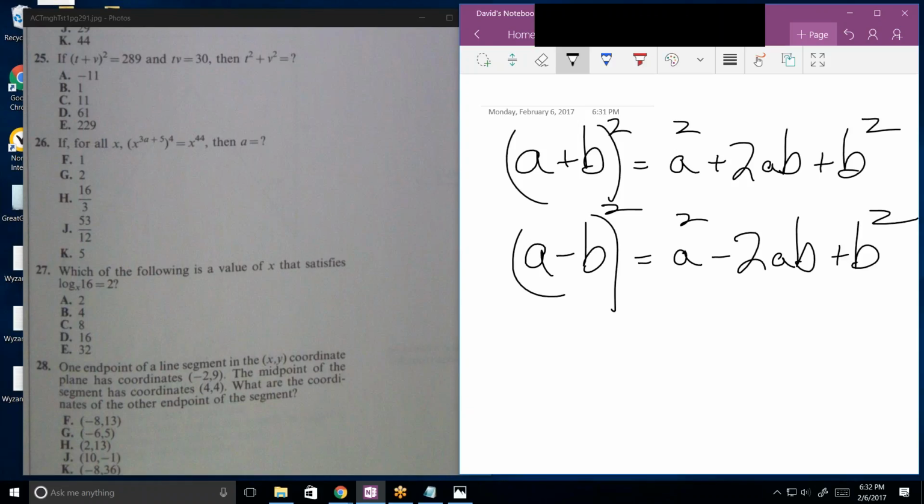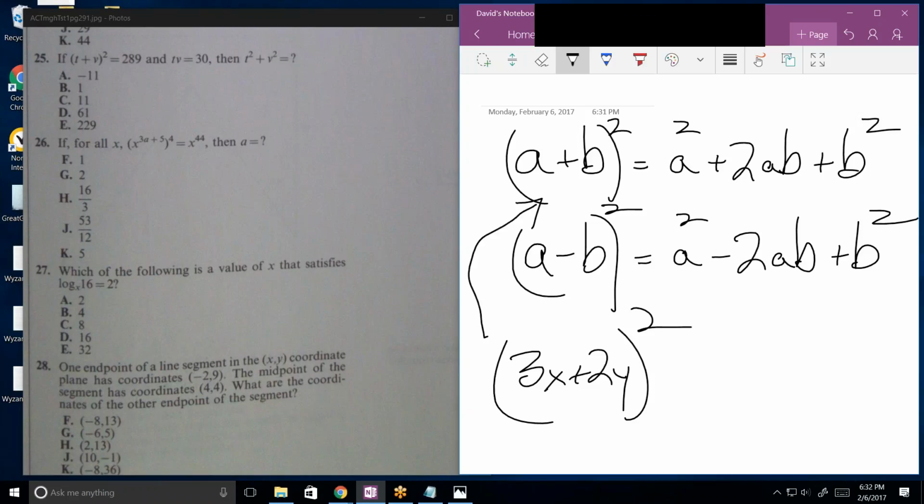So if I said, what is 3x plus 2y squared, you could do it quickly using that, without having to FOIL it out. The first term is 3x squared, which is 9x squared. The next term is 2 times a times b, that's 12xy. And the last term is this term squared, plus 4y squared. So there's your answer, using the binomial theorem, basically.